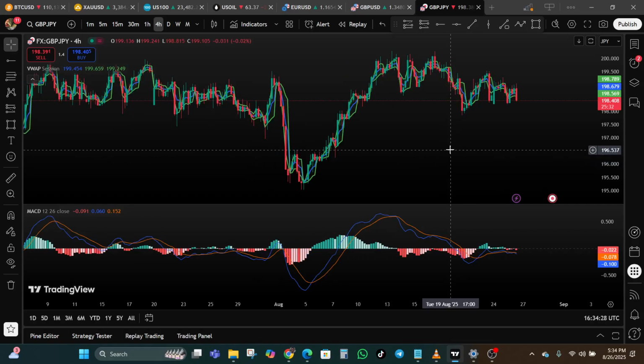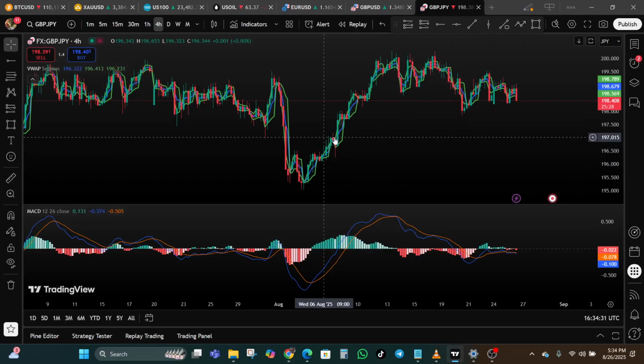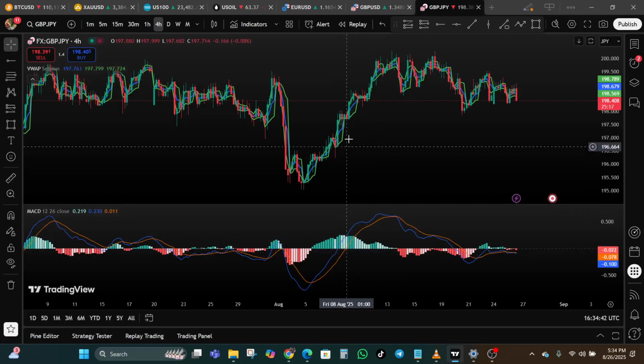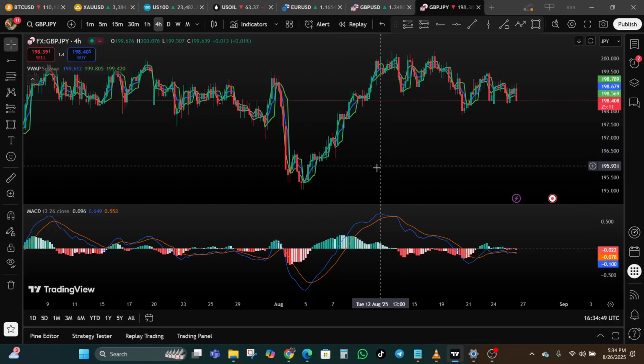To recap, the VWAP tells you where fair value is during the day, while the MACD shows you the strength of momentum. When both indicators confirm the same direction, you've got a strong intraday trading setup.